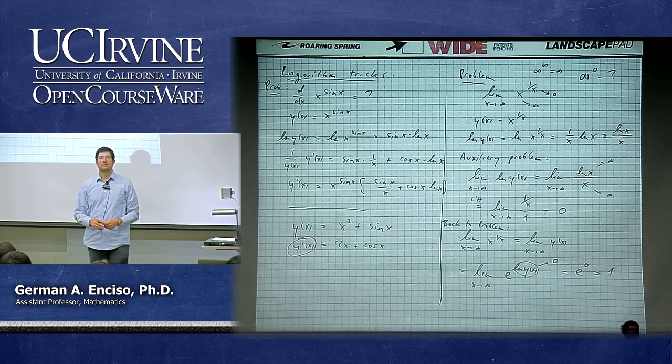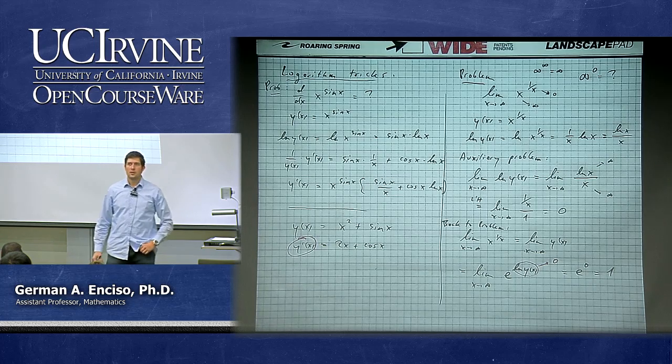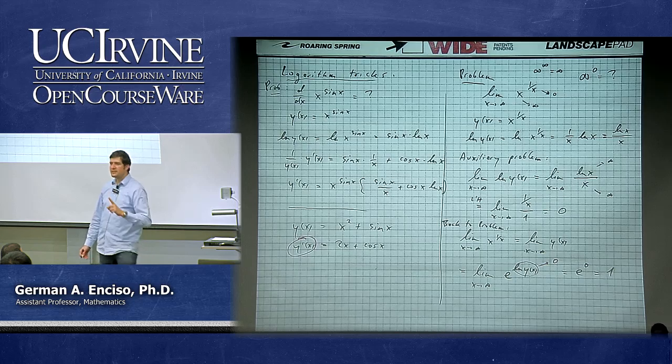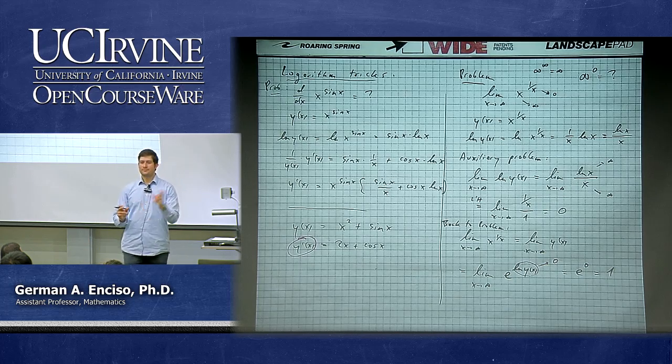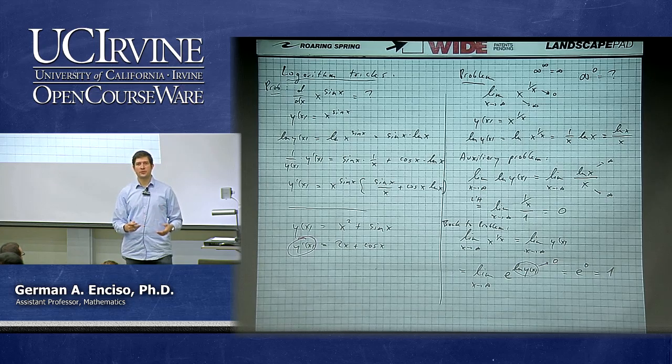Yes, sir? But wouldn't, in the very beginning, wouldn't infinity to the 0 be 1? Okay, that's a good point. All these calculations with infinities and zeros are kind of a back of the envelope calculation for something slightly different.